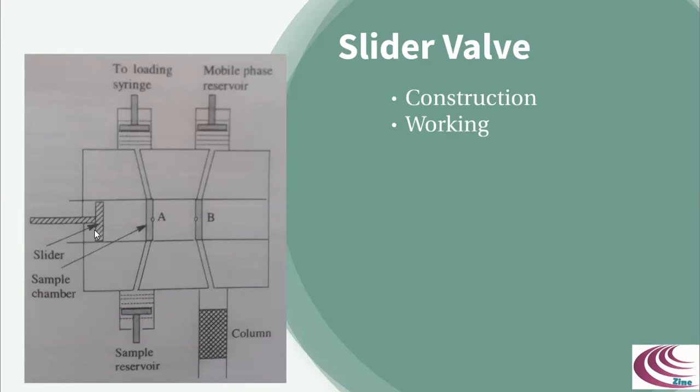In working, the main use of slider valve is to introduce a fixed and reproducible volume of the sample solution into the column. The sample is drawn in a chamber A by means of syringe. The mobile phase is continuously passing through chamber B. When the slider is moved from left to right, a sample chamber A is pushed on the chamber B containing the mobile phase.